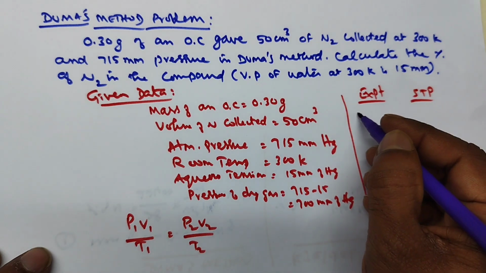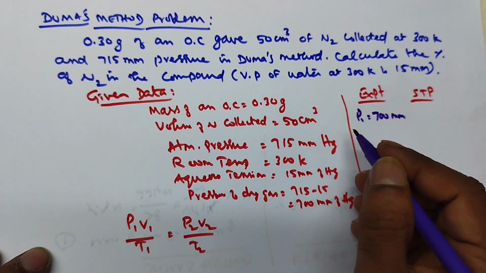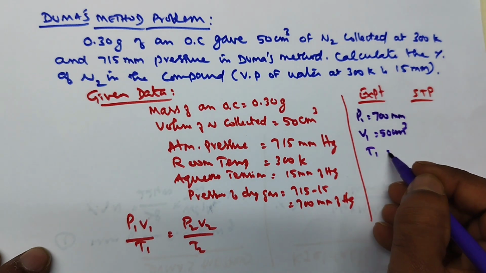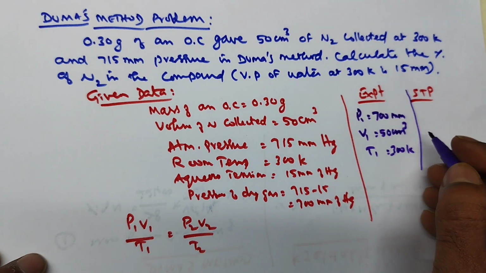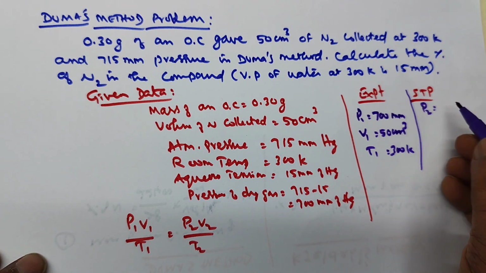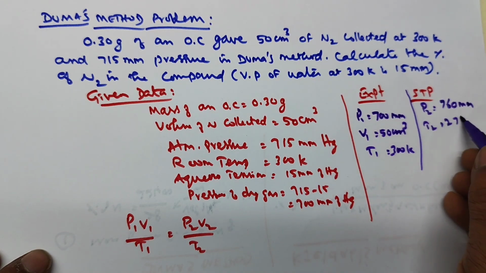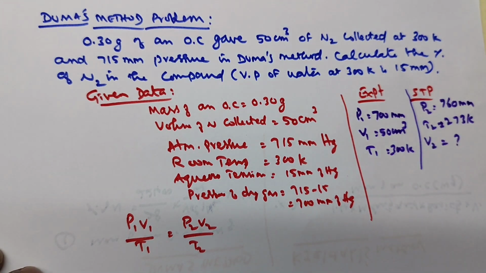At the experimental conditions, P1 is 700 mm, V1 is 50 centimeter cube and T1 is 300 Kelvin. At the same time, STP values are also given. P2 is the standard pressure, 760 mm of mercury. Temperature is 273 Kelvin. And V2 is the question mark, that only we are going to find out.